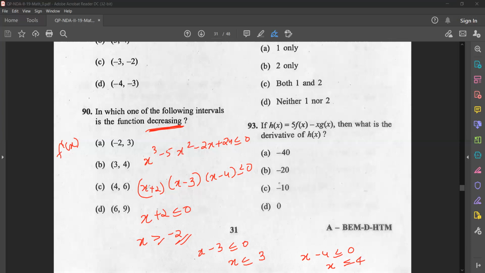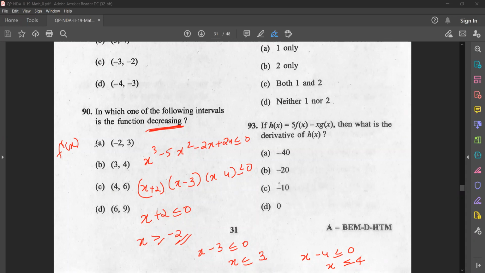So where do you get the function as decreasing? The function is decreasing in the interval minus 2 comma 3, isn't it? It is decreasing when x is in between minus 2 and 3, that is x greater than minus 2 and less than 3.